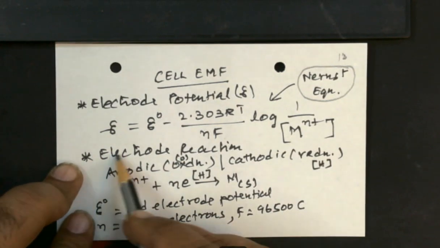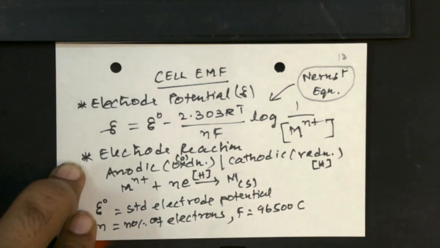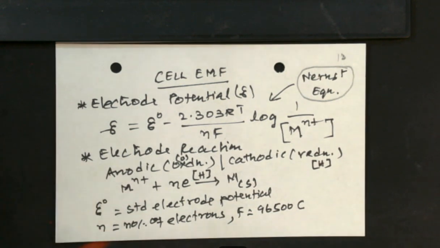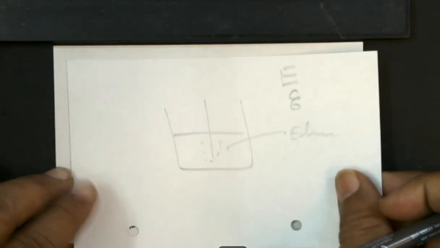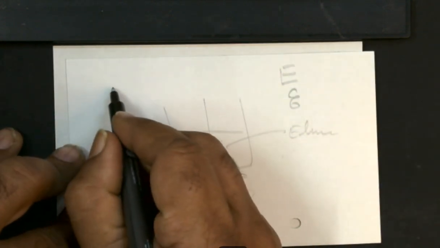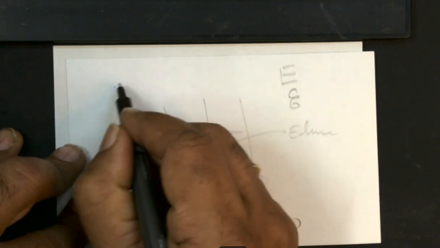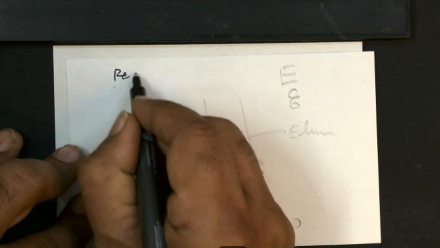So here let me consider this electrodic reaction. It can be either anodic reaction or cathodic reaction. So usually anode potential can be represented in this way. For example, you know very well, let me talk about the redox reaction.